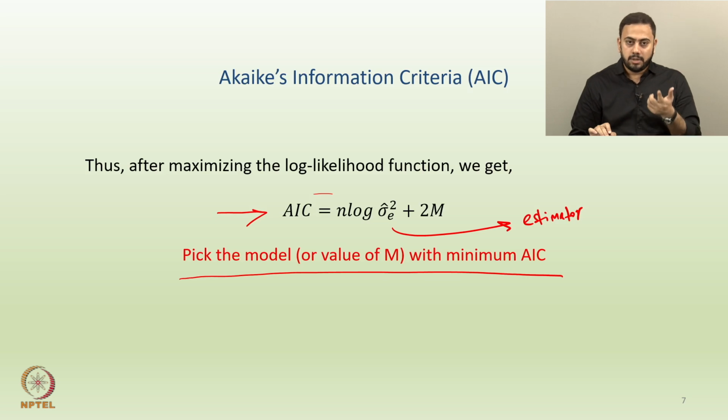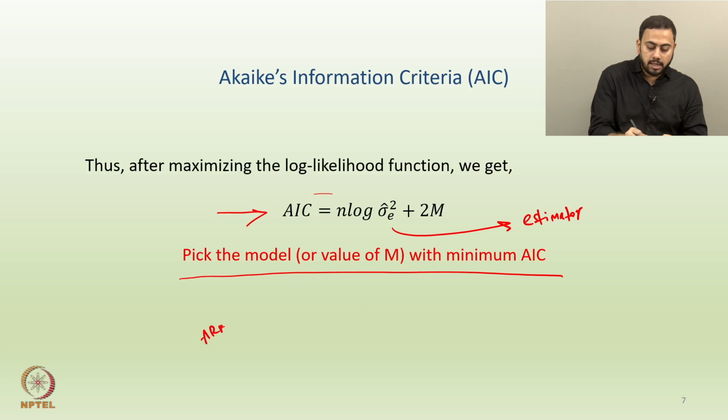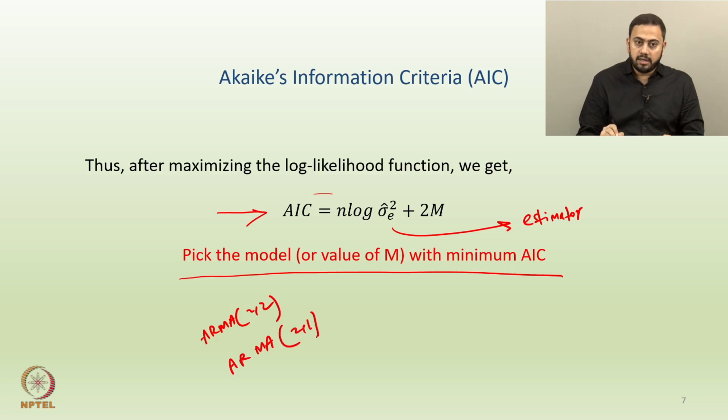Okay. Now, here one point I would like to make: if you bring in a different number of parameters, that means you are changing the orders of the ARMA model, isn't it? So, let us say if you have ARMA 2 comma 2 as discussed earlier, as compared to something like ARMA 2 comma 1, then you will obviously have a different number of parameters, right?